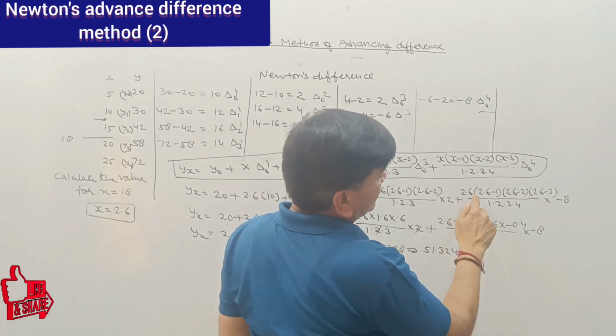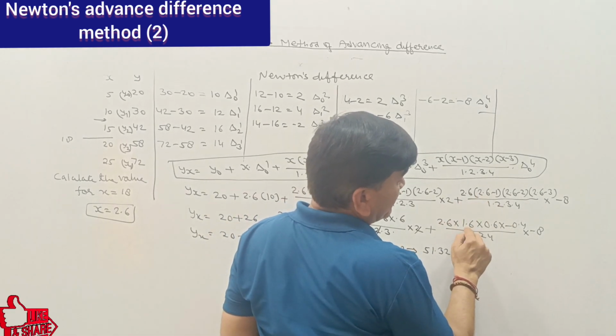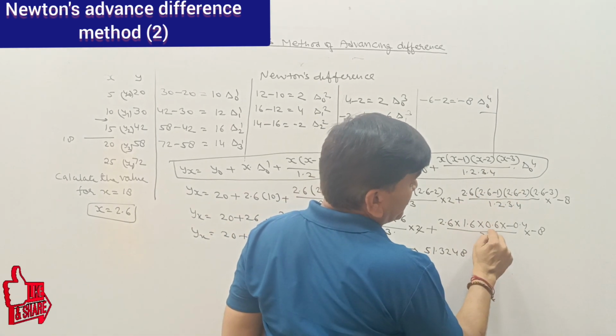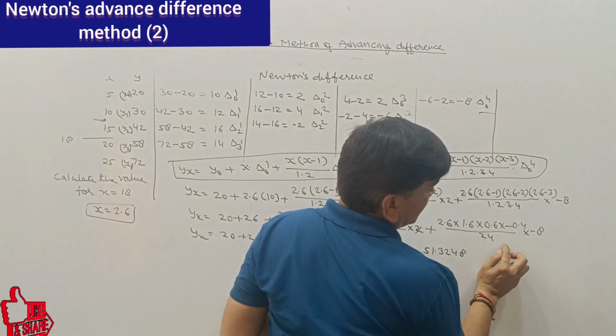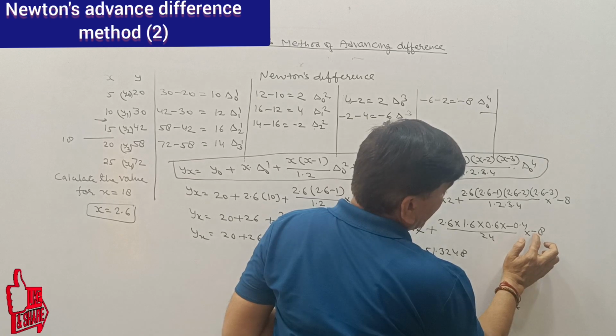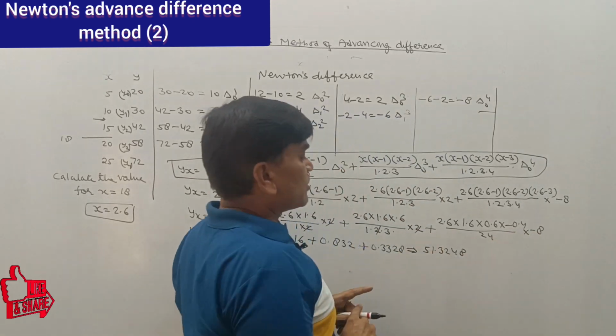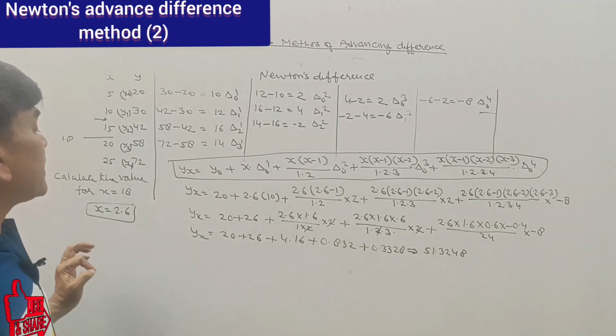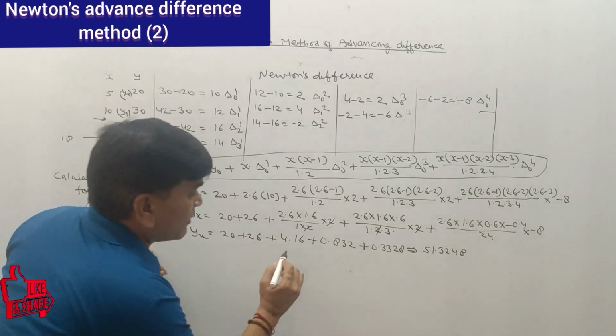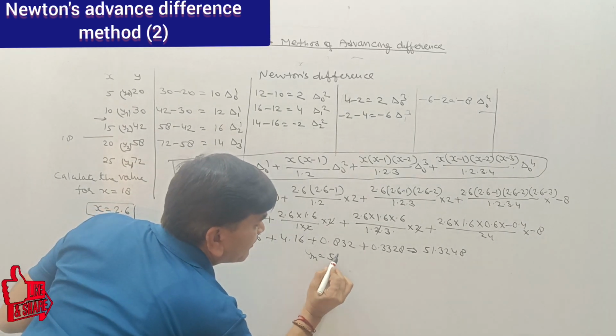Now 2.6 minus 1 is 1.6, 2.6 minus 2 is 0.6, and 2.6 minus 3 is minus 0.4, divided by 1 2 3 4, multiply by minus 8. So minus and minus are converted to plus. We solve this and for the 18 value the answer will be 51.